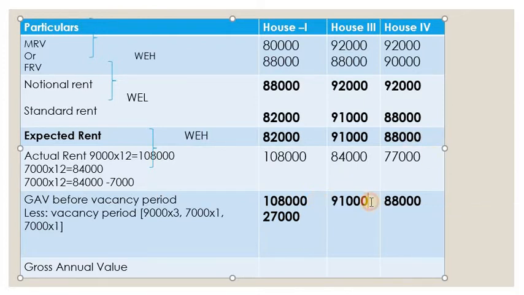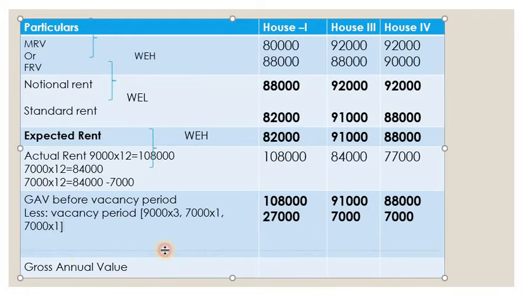Then for this house it is 1 month, 7,000. Then again for this month it is 7,000. Okay, so we have done with the vacancy period.